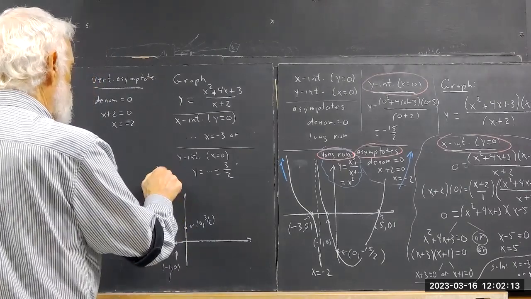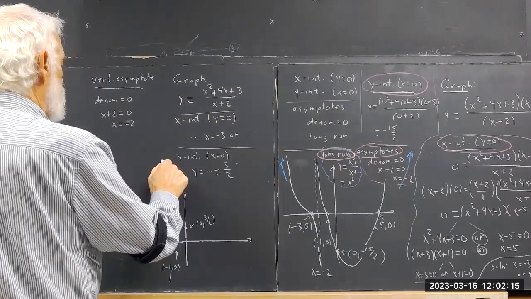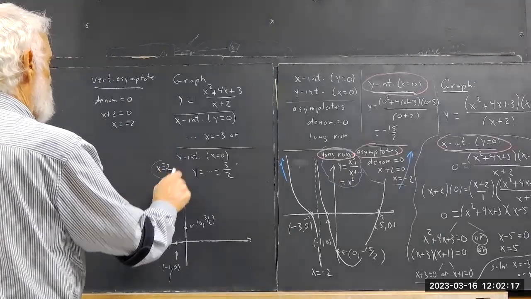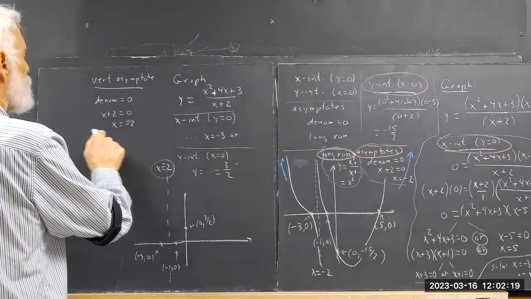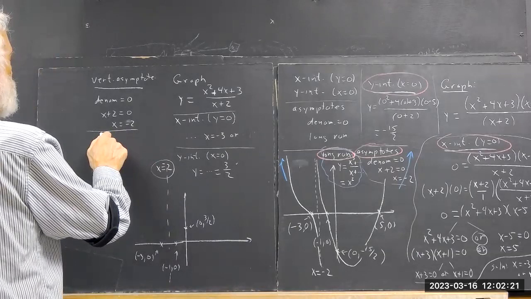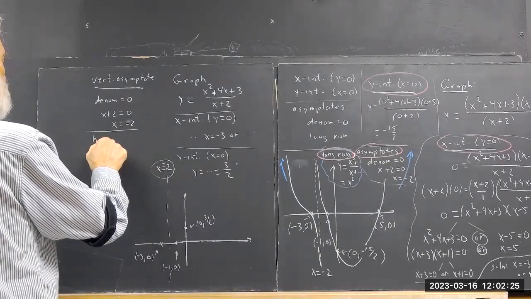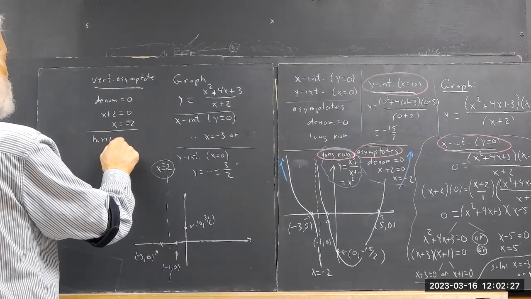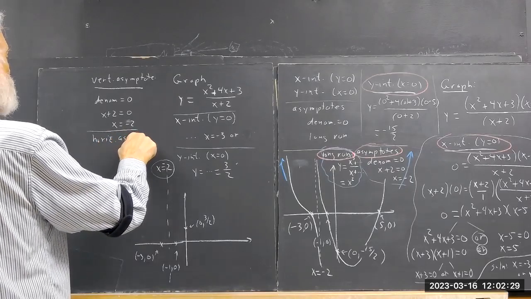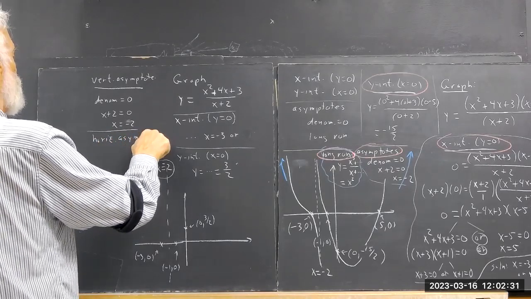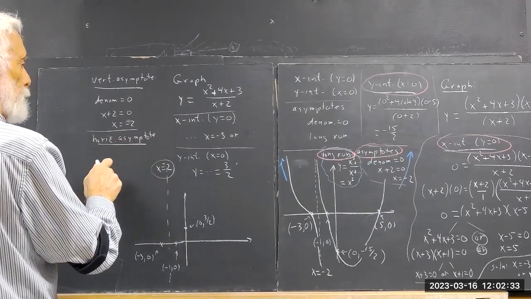So this is the line x equals 2, -2. And then we have the horizontal asymptote.